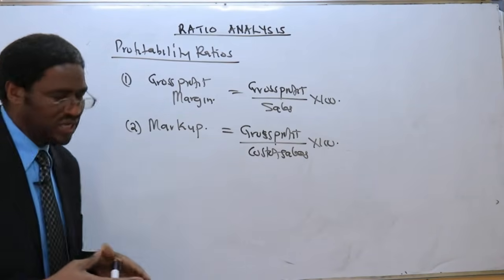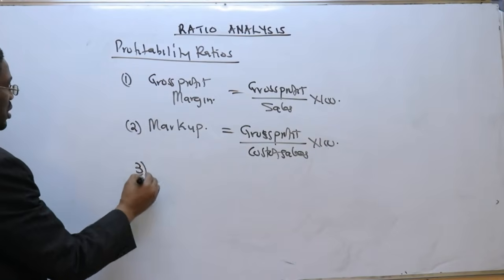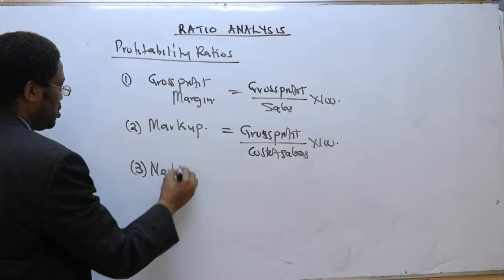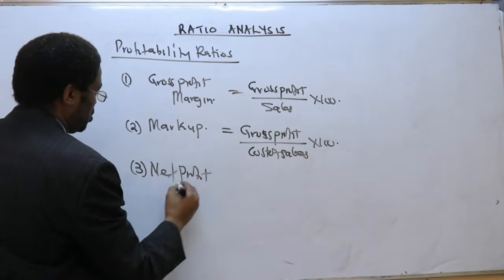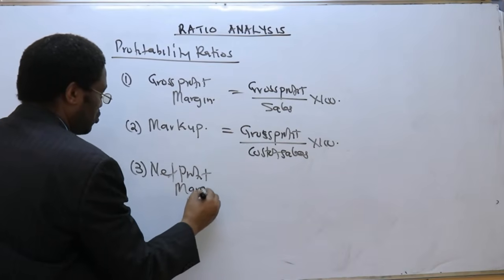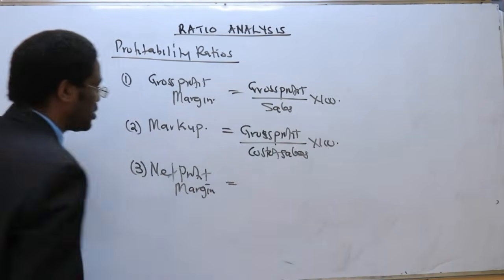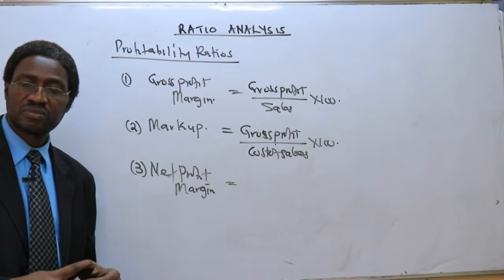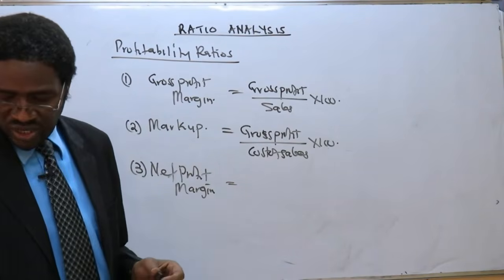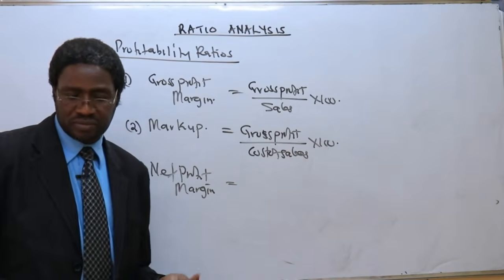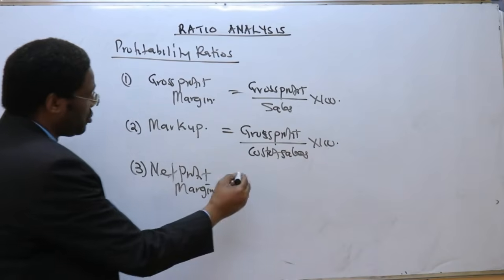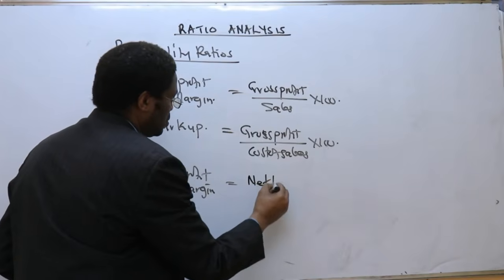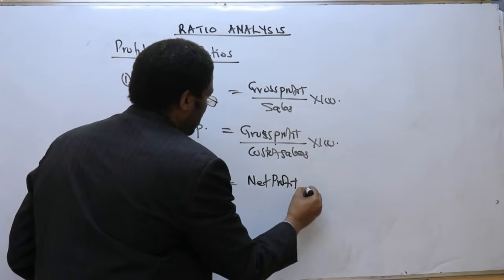The other one, number 3, is what we call net profit margin. How do you get it? When you're told to calculate the net profit margin, you take the net profit, you divide that by what?